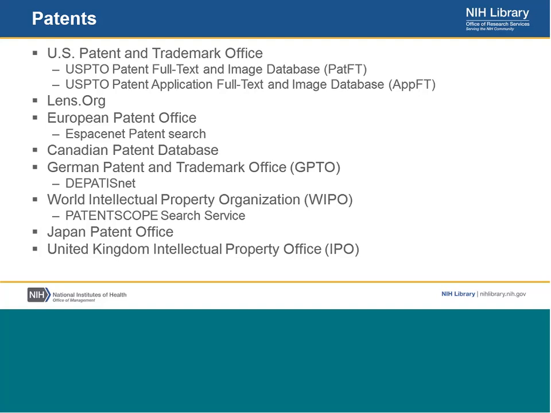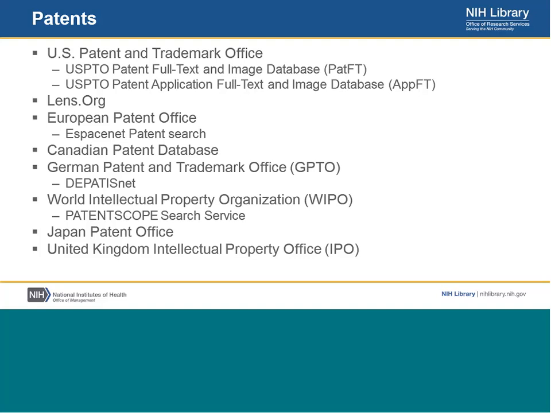The rest of the items on the list, starting with the European Patent Office all the way down through the United Kingdom Intellectual Property Office, are mostly broken out by specific countries. It is very challenging to find a centralized resource that adequately pulls in patent information from all of the different countries, because every country has their own patent office.